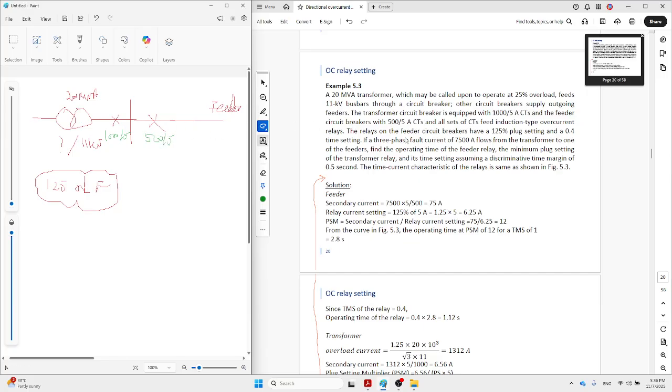Then relay feeder circuit breaker plug setting feeder 1. The PS or overload for this one is 1.25, so it's already covered, and TSM for this one is equal to 0.4.